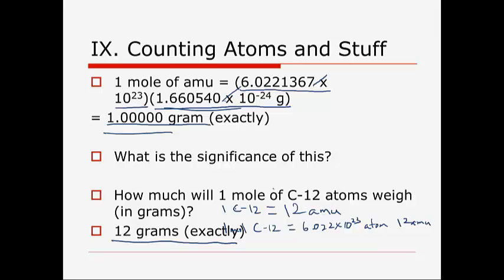Okay, now, make sure you understand this. 1 carbon-12 atom has a mass of 12 AMUs. If you have 1 mole of carbon-12, it will weigh 12 grams. Okay, change AMUs to grams if you have 1 mole of those things.